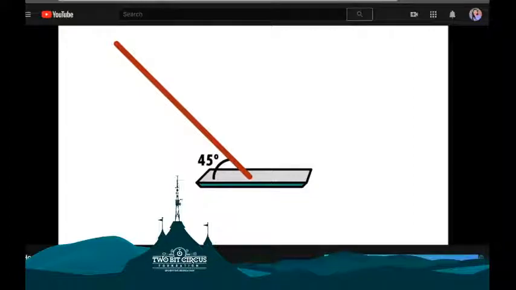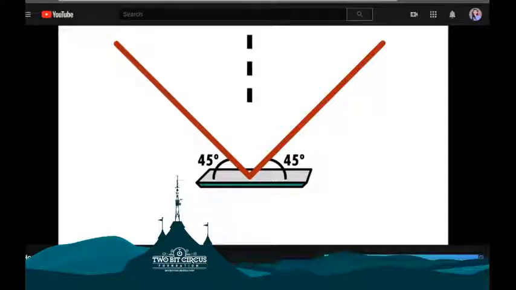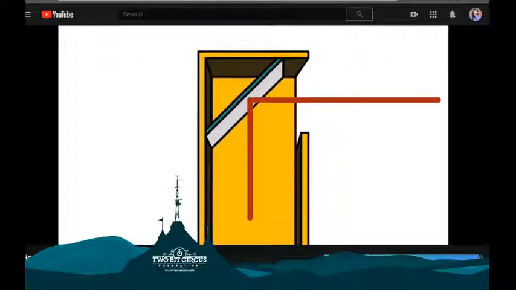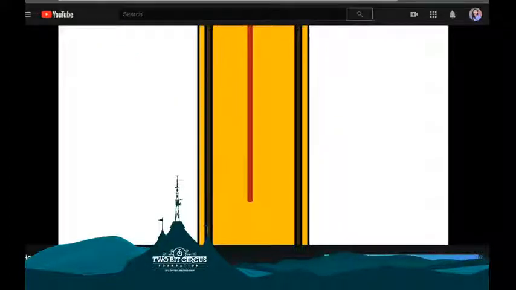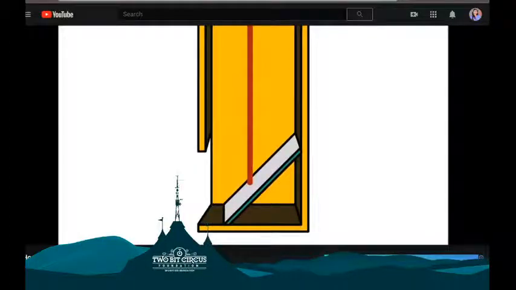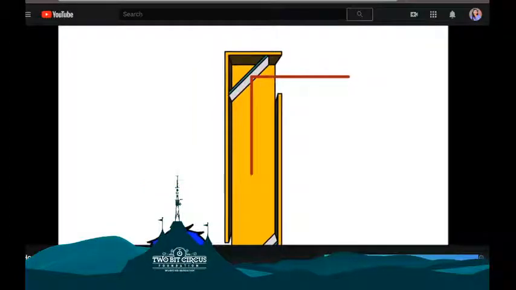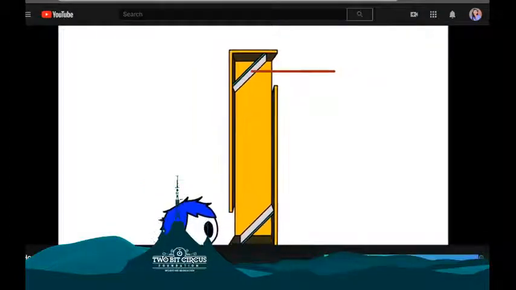The light then bounces off the mirror at the same 45-degree angle, basically creating a mirror image of itself. As the light moves down the periscope, it hits the second mirror, again at a 45-degree angle. The light bounces off the second mirror at the exact same angle. And this is how we are able to see images using a periscope.